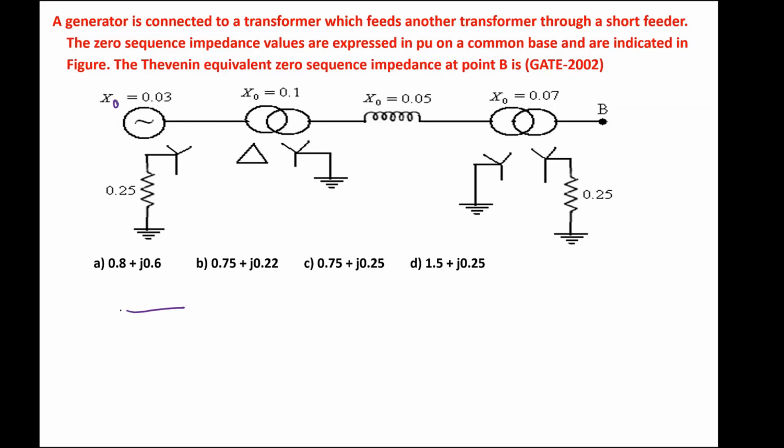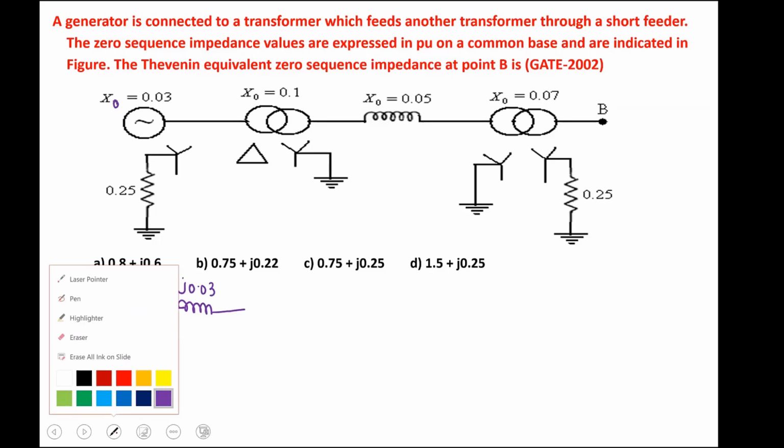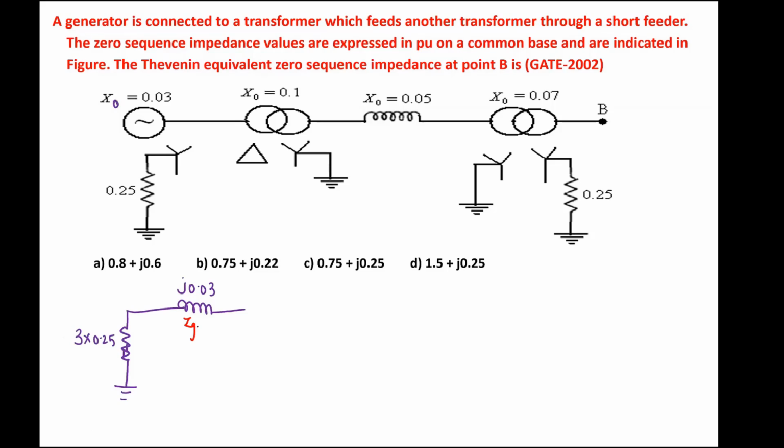It is 3 times the resistance, that is 3Rn, 3 into 0.25 per unit, and then the reactance value is j0.03. So this is your Zg0, and this is your 3Zn.